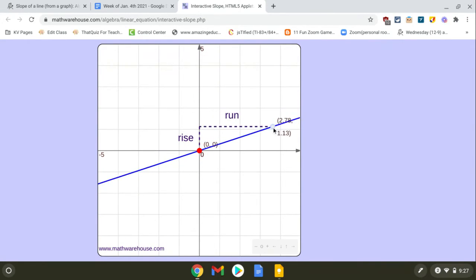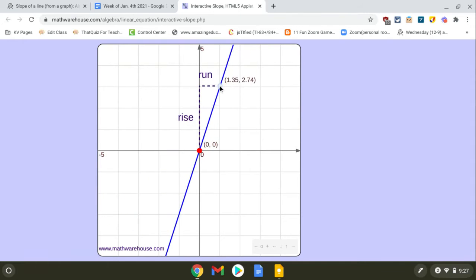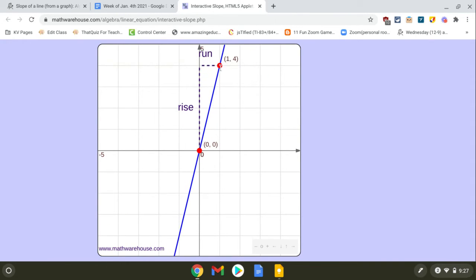So this example right here might have a small growth or a small rate of change. This would be a really high rate of change. They're growing really fast. But what I want you to catch here is that slope is a number. Slope is a fraction. And I'll talk about what exactly I mean by that in a little bit.